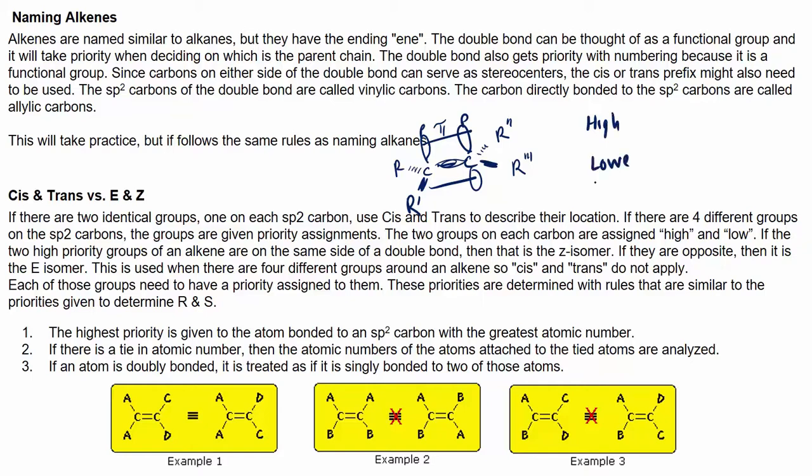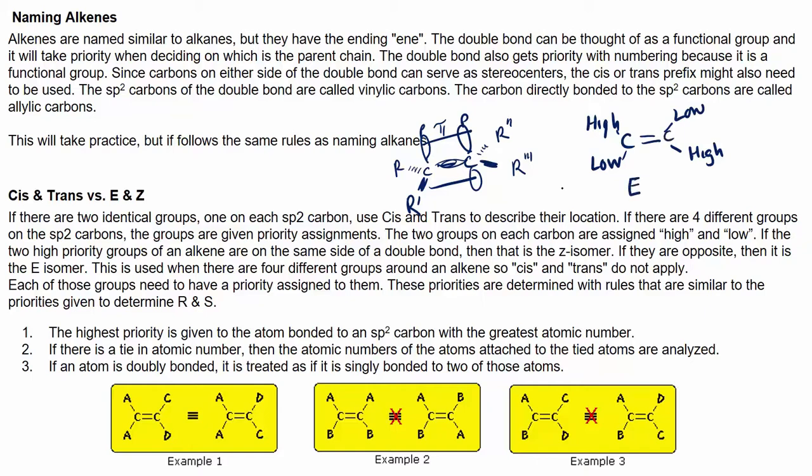So if we have high and low on the same side, then we're going to use the prefix Z. Z means same. If we have opposite, so the high and the low are on opposite sides, then we assign the prefix E.